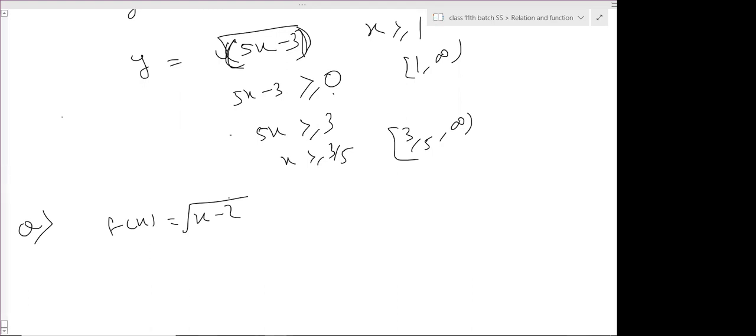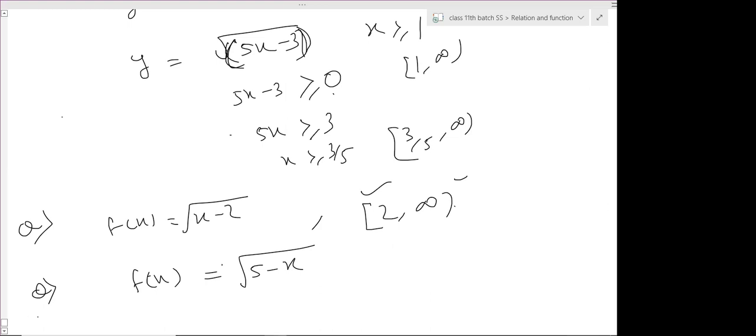Two to infinity. 2 to infinite. Both of you clear? Yes. And close bracket on 2 and open bracket on infinite. I hope you remember about this interval scheme. Yes.